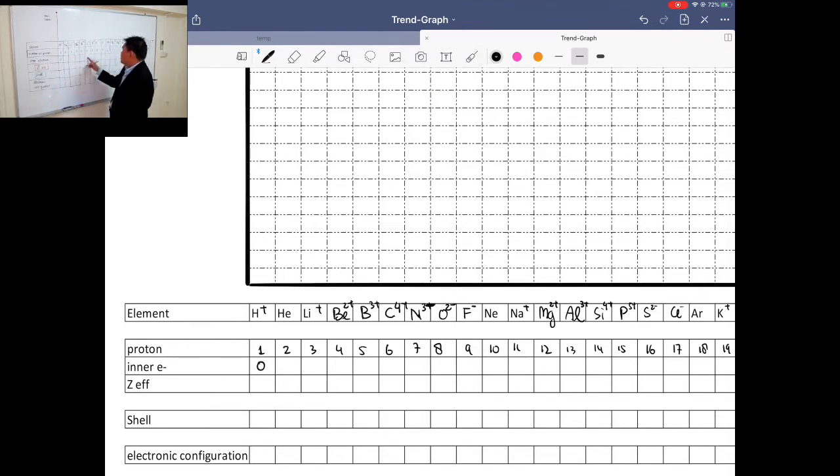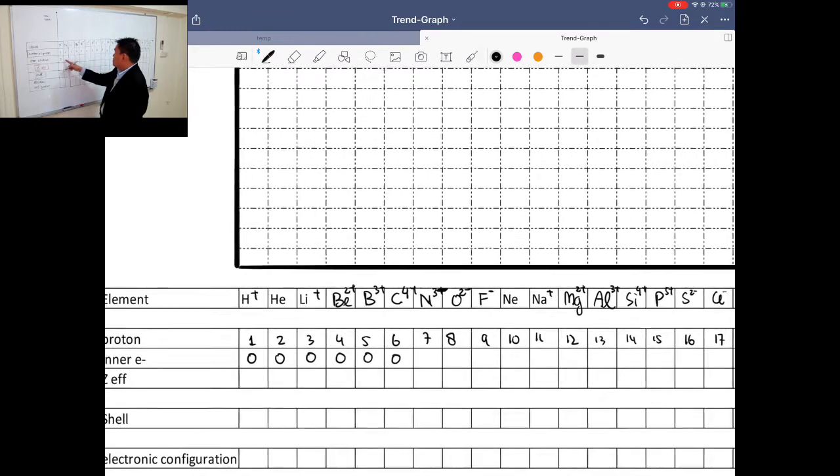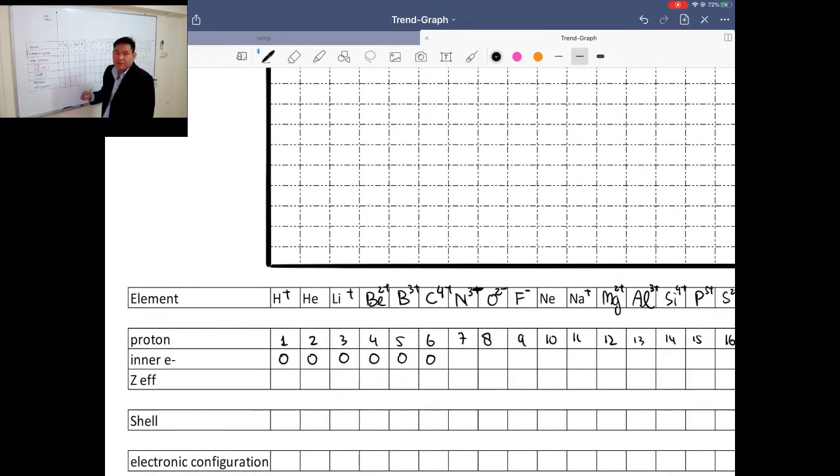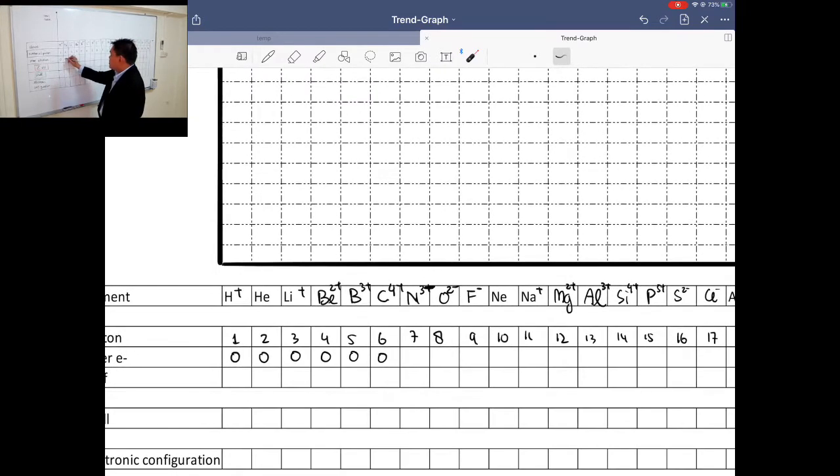And it will be all 0 all the way until carbon 4+ here, because from helium to carbon, each of them will have 2 electrons, and these 2 electrons are on the first shell, which means there are no inner electrons at all. Those 2 electrons are counted as valence electrons. So we are going to put 0 from helium to carbon 4+.